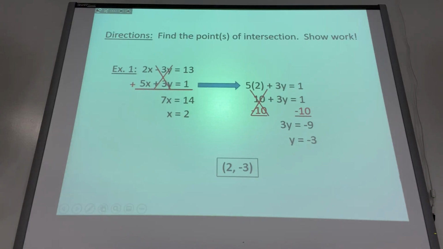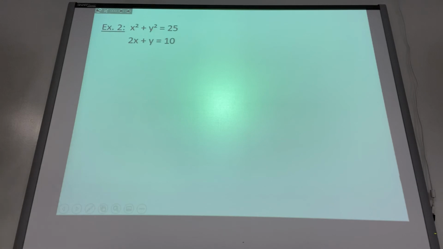Those are just two lines that cross only in one spot. Okie doke. Purpose of that example is just to get us remembering some of those systems of equations and how all of that works. Let's move on to some that might be a little more complicated.